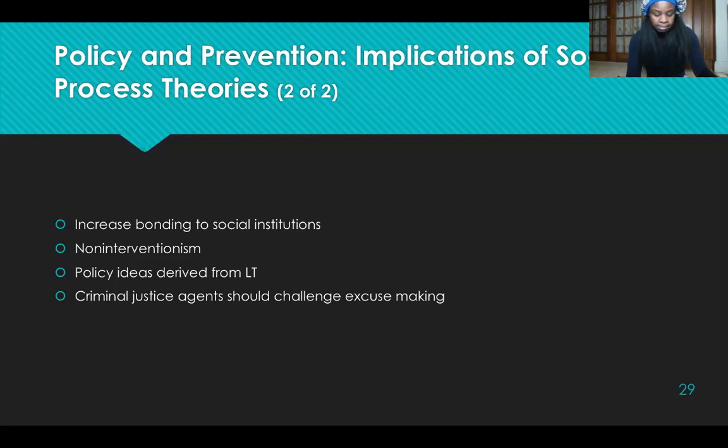The only policy implication of neutralization theory is opposite that of labeling theory, that is criminal justice agents charged with managing offenders, so those that are probation officers or parole officers, should strongly challenge their excuse making, okay?